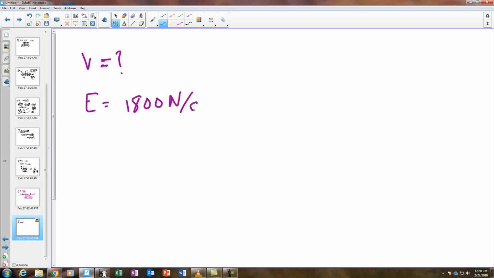newtons per coulomb. And then we want to figure out, or we said the distance between the plates, these two plates, is going to be 3 centimeters. As we look at the relationship between the electric field, a distance, and a voltage, there's a formula that says the electric field strength is equal to the voltage divided by the distance between the two voltage points.